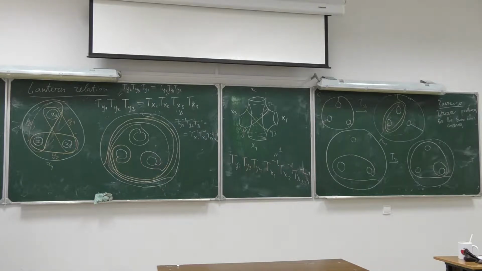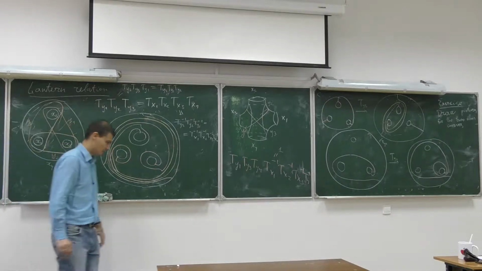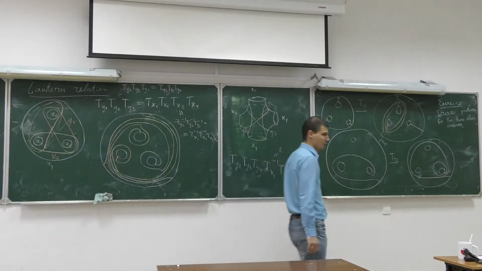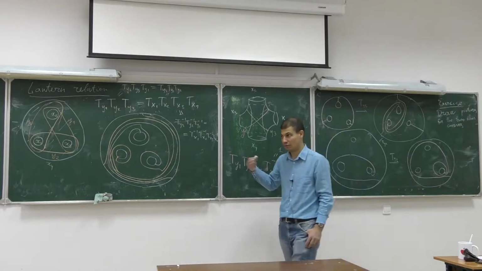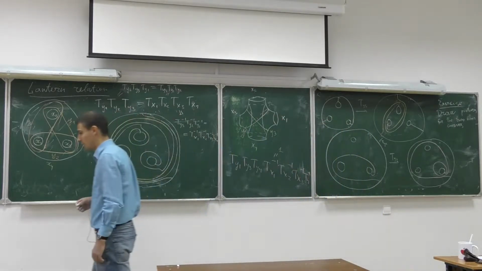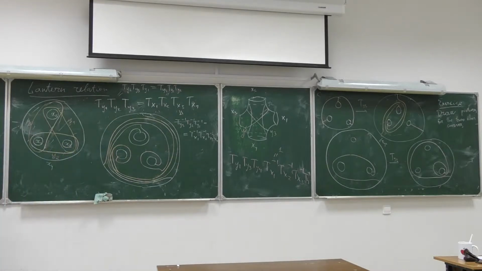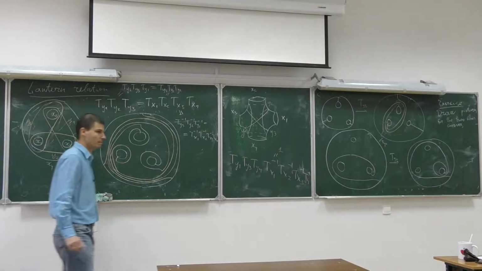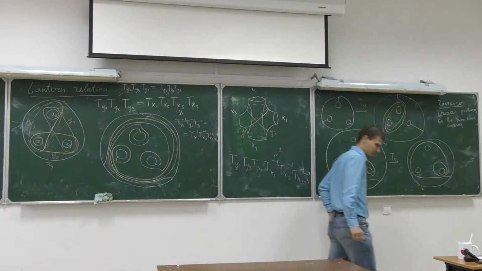Actually, this lantern relation is useful in many situations, but the first situation when it is rather pretty is to prove that the abelianization of the mapping class group is trivial. For each group we have the abelianization. We can consider the quotient of this group by the commutator subgroup, I'm sorry.